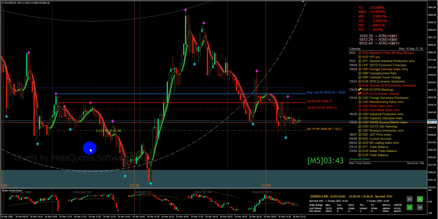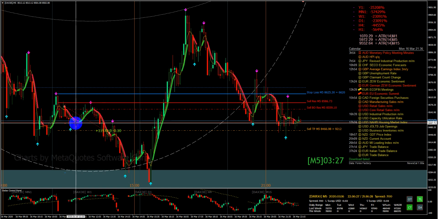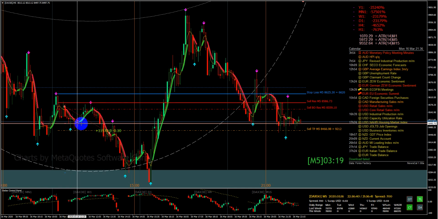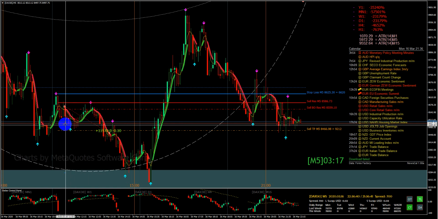Anyways, I already had something in my eyes, like I didn't see this measurement, but I had already trailed my stop right there. So basically, I figured that if I won't take more than 100 pips, then most probably the market is gonna take me out on my trailing stop.